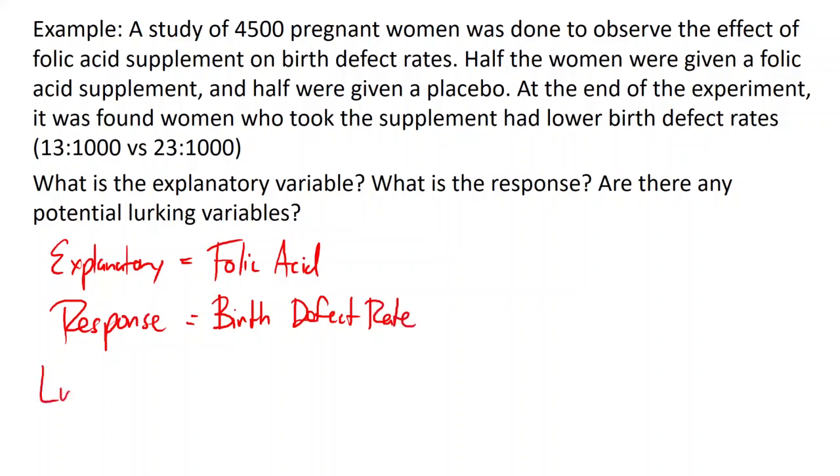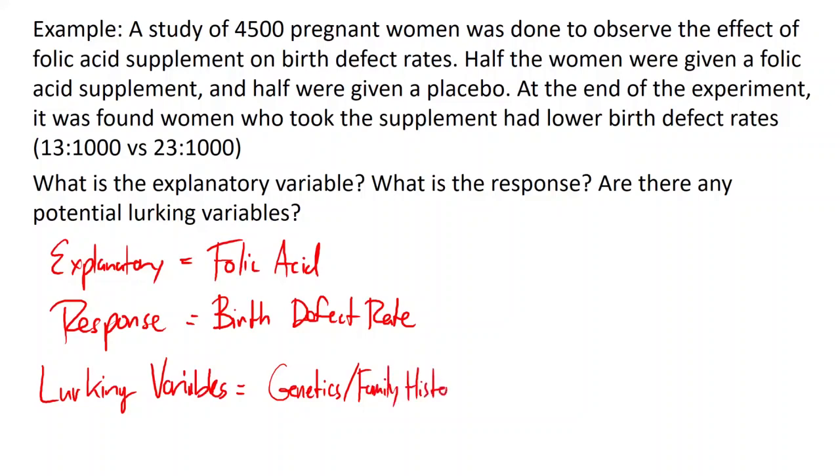Now, are there any lurking variables in the study? A lot, yeah. For example, if you look at genetics or family history, that could have a really big effect on birth defect rates. Remember, lurking variables are variables other than the explanatory variable that might affect the response.